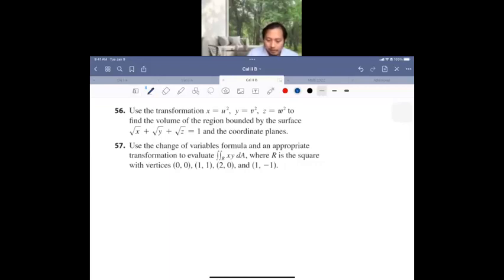So first, maybe take these vertices into our picture to see at least how it sketches. Okay, so this is 0, 0.